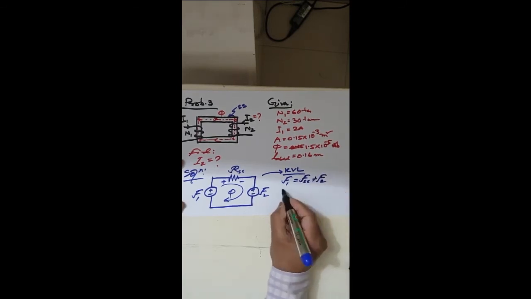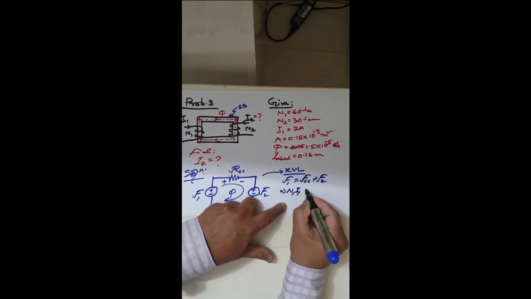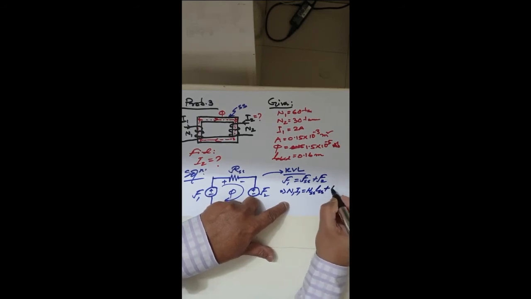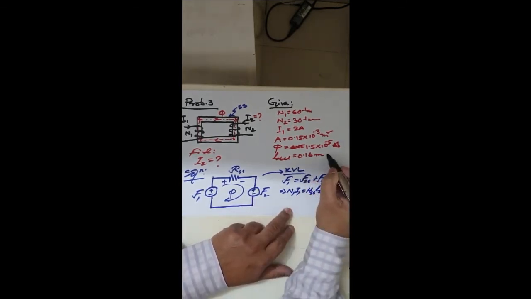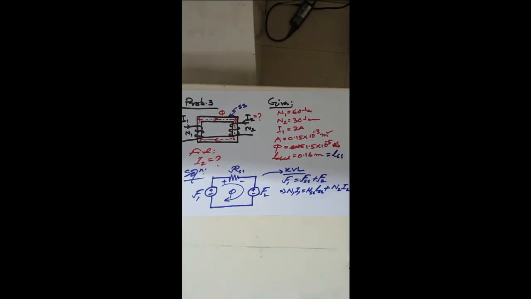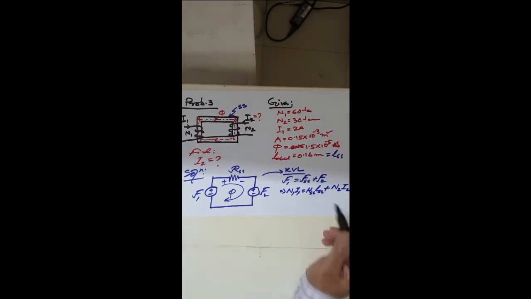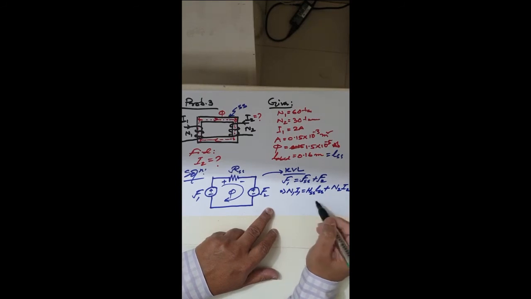Then you get N1 I1 equals HSS LSS plus N2 I2. LSS is the total flux line length, and HSS is the magnetizing force for stainless steel.